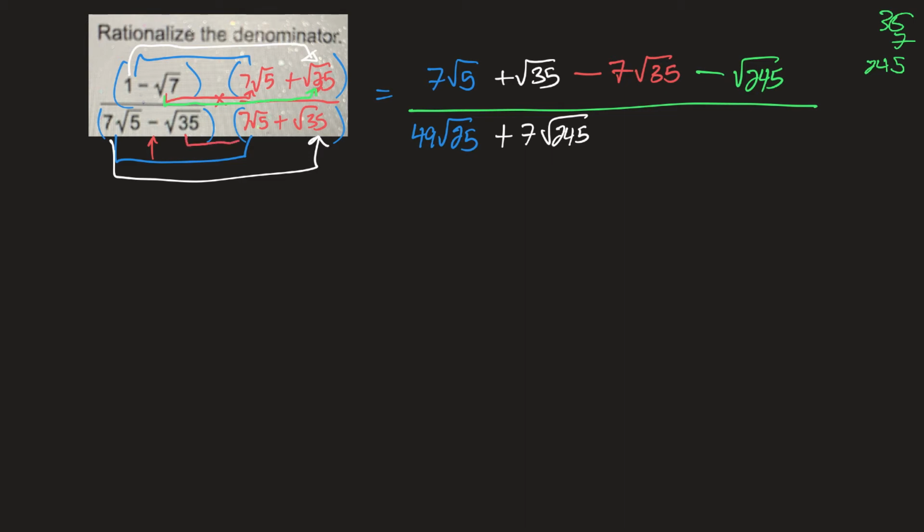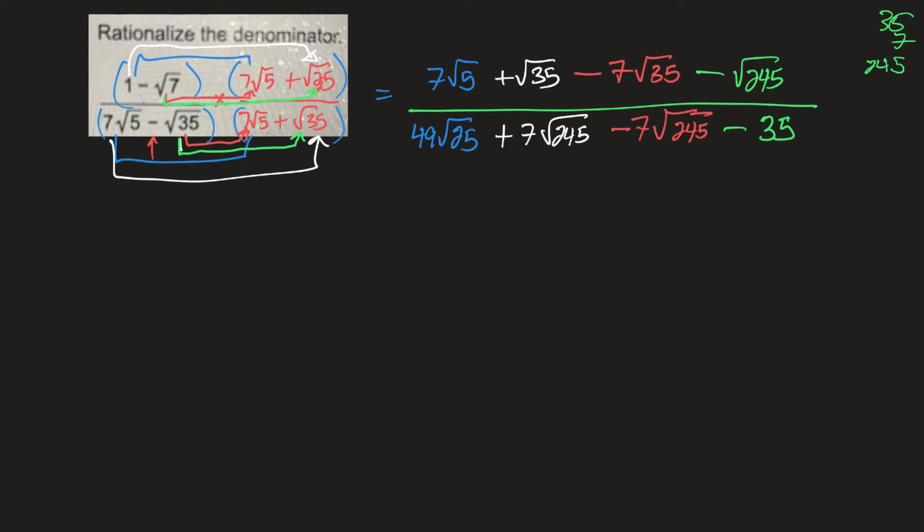And then this one times this one would be a negative 7 root 245. See what's going to happen there? And then finally, negative root 35 times that, it'll be negative root 35 times root 35, which is root 35 squared. The answer to that's just going to be 35.